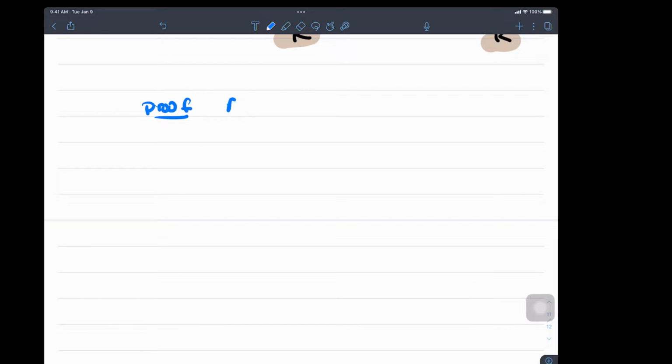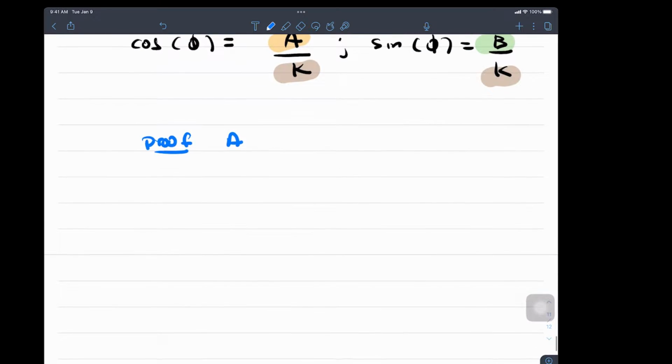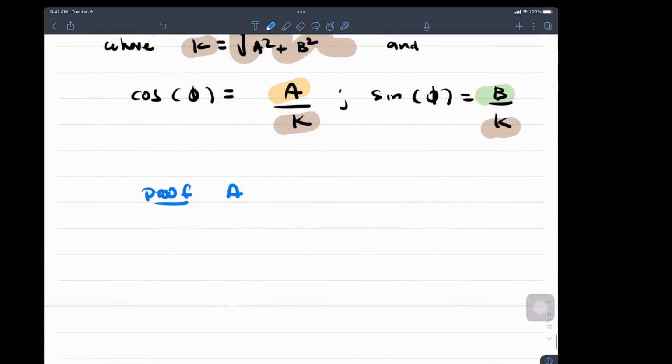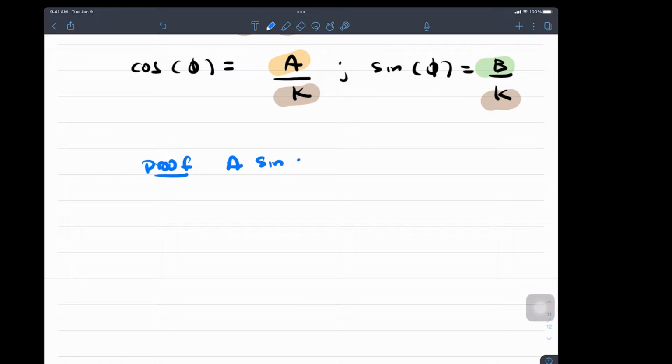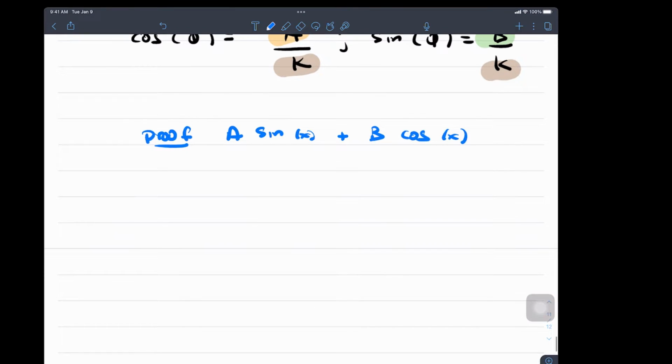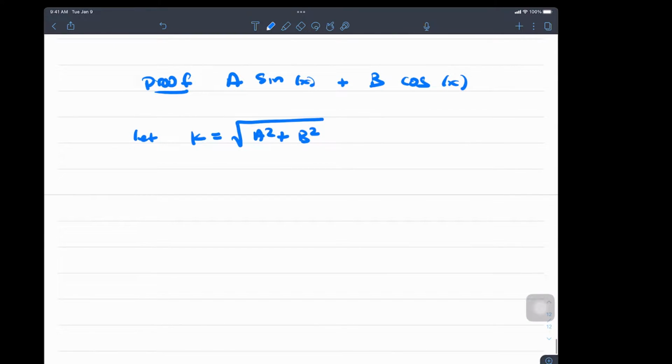We're going to start with A sine x plus B cosine x. You see this statement? Here's what we're going to do: let K equal the square root of A squared plus B squared.